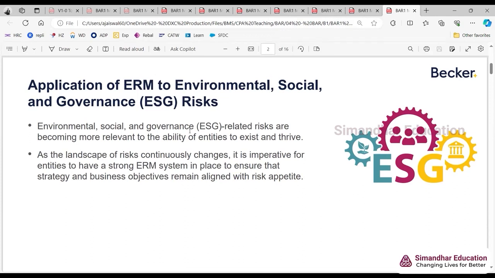Of course, the first and foremost thing they care about is appreciation in share price. But if there are two companies, both with growth perspectives, and one is also taking care of these ESG issues, the other one is not, then whom will the shareholders choose, the first one or the second one?